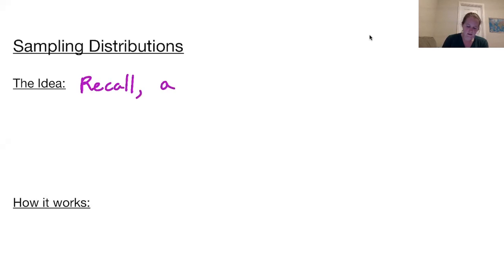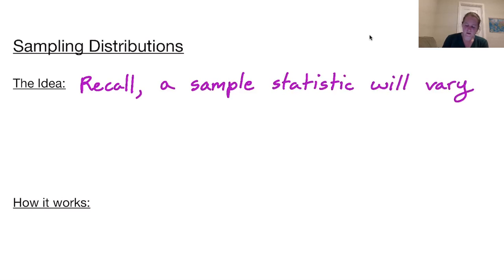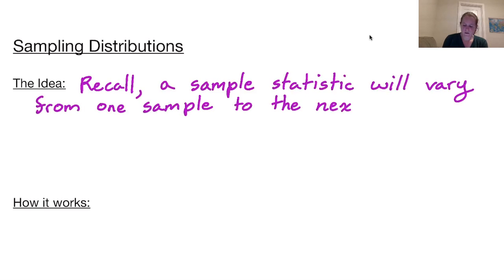So a sample statistic will vary from one sample to the next. So we essentially want to study what are all of the possible sample statistics that could occur from all of the possible samples.